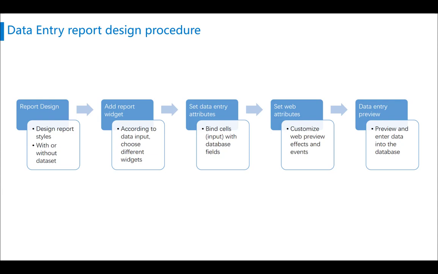The fourth step is set web attributes, which we need to customize web preview effects and events. This step is optional. And the last step is the data entry preview. We can preview and enter data into the database.